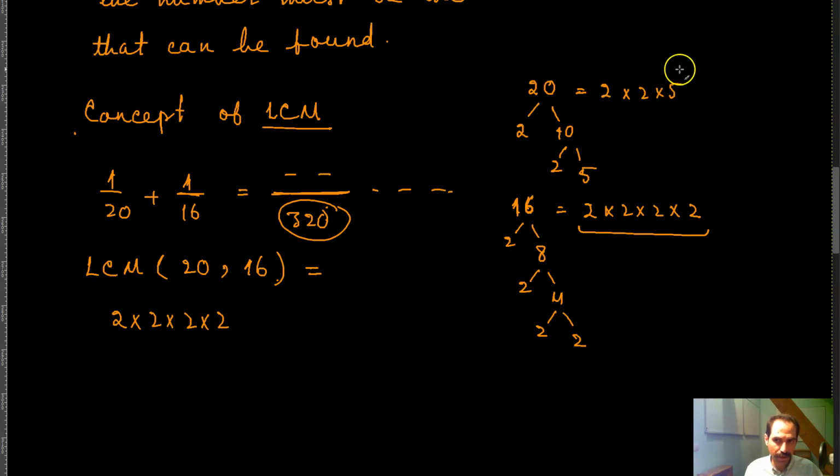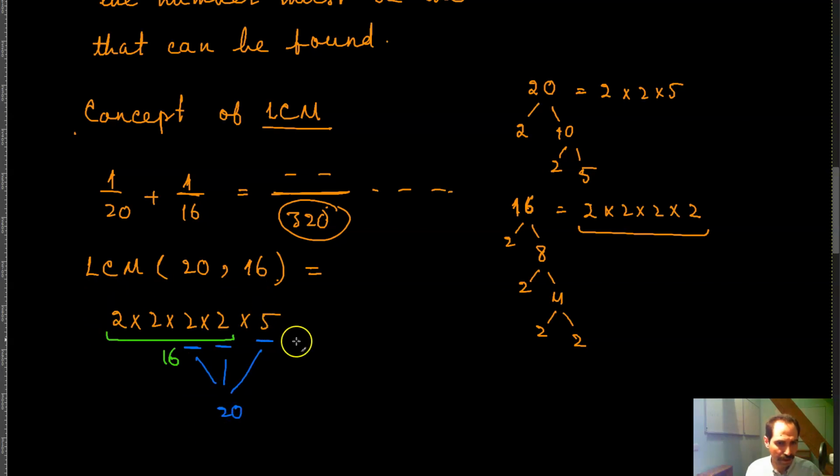The only thing I need for a 20 is therefore a 5. So I just add a 5 over here. If I take these factors together, that gives me a 16, and if I take these 3 factors together, that gives me a 20.